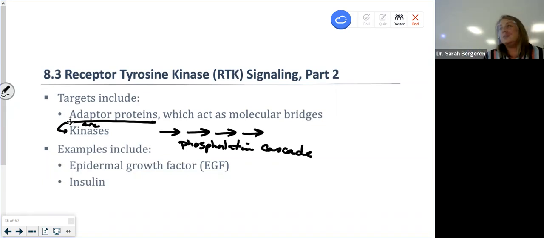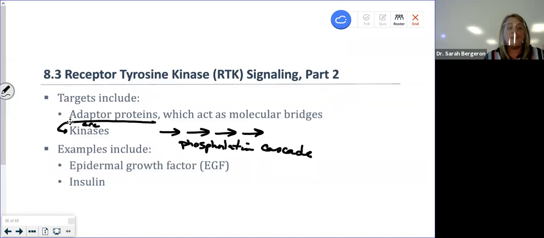So what are some examples of receptors that function in this way? Those are the epidermal growth factor receptor and the insulin receptor. When we talk about the epidermal growth factor receptor, a lot of the ways that we recognize and have discovered these receptors is through mutations.